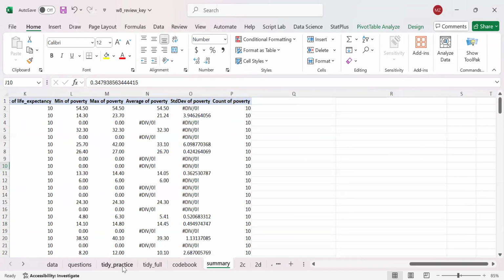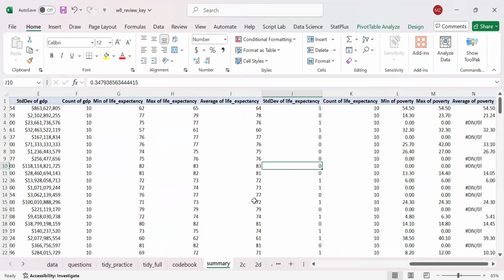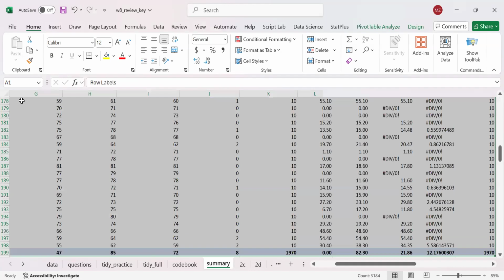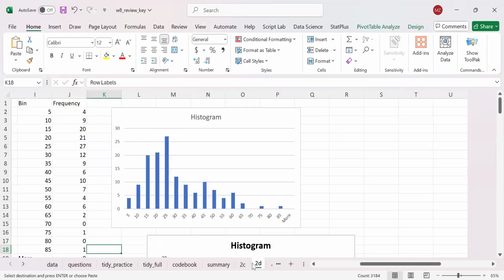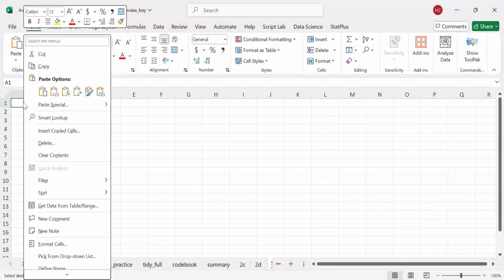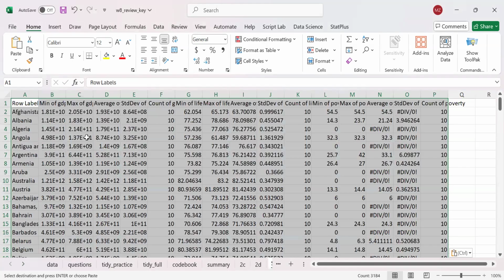To create these, you can copy all this data from the pivot table, create a new sheet, and paste as values.